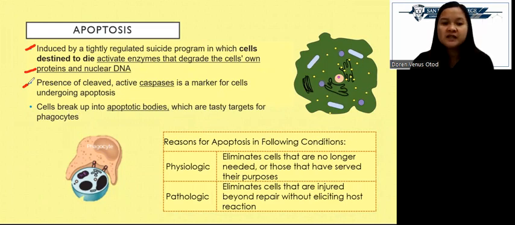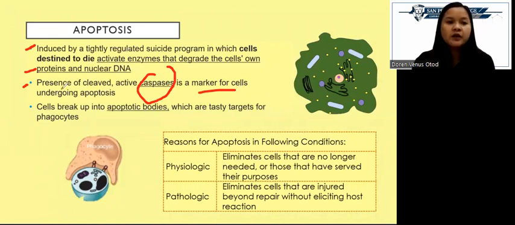When we say caspases, these are cysteine proteases that can cleave the aspartic acid residue. So once caspases are present, this is a marker that that specific type of cell is undergoing apoptosis.